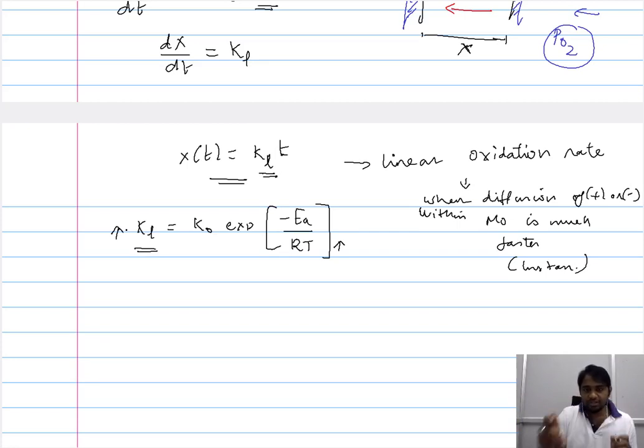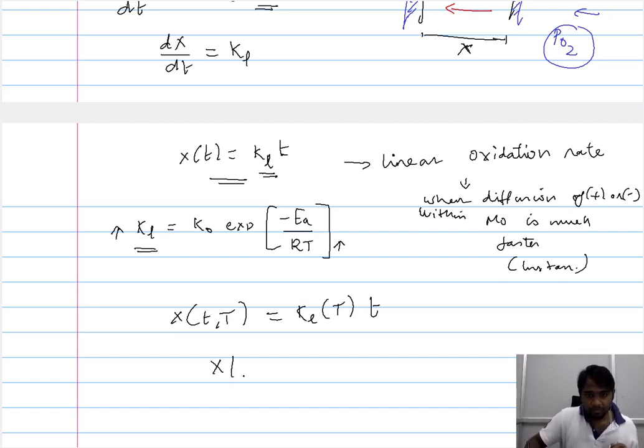So when this rate constant is influenced, you have the thickness as a function of time and temperature. The rate constant is influenced by the temperature, and therefore at a higher temperature, the thickness at a given time t would be higher.